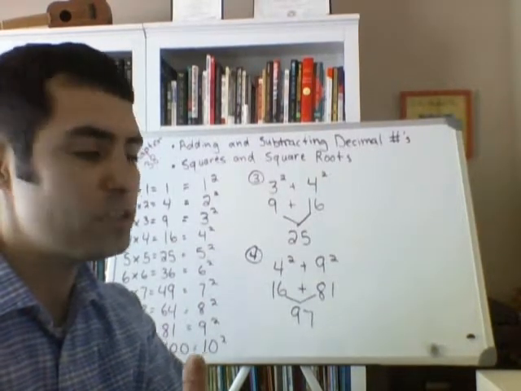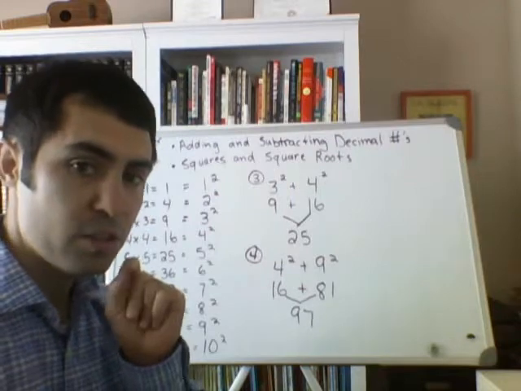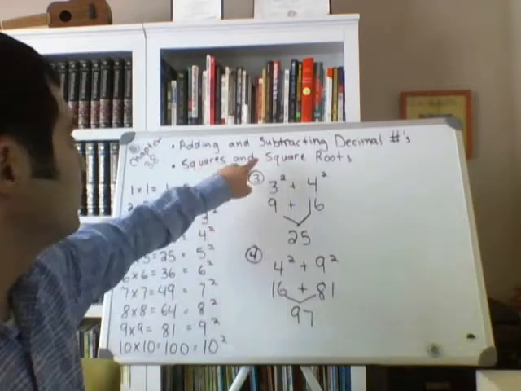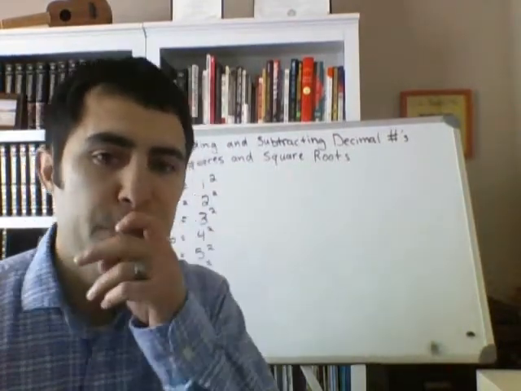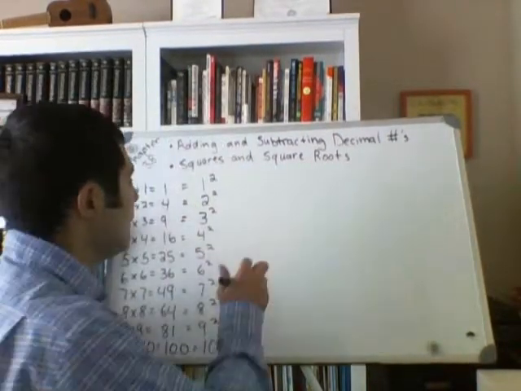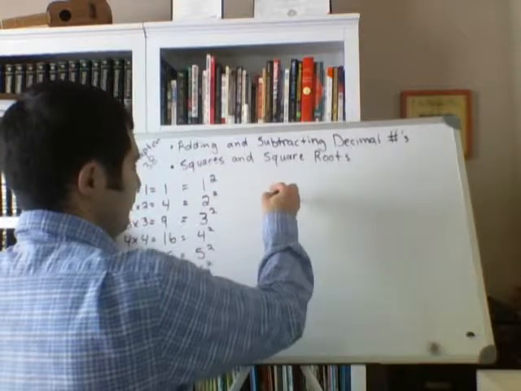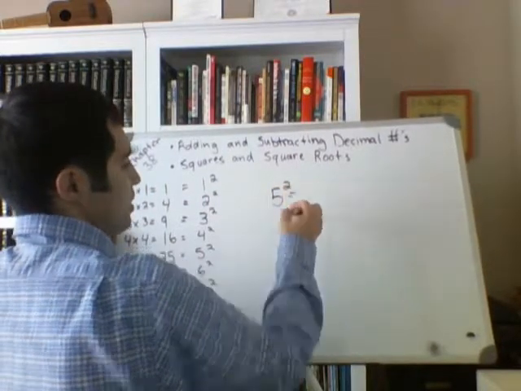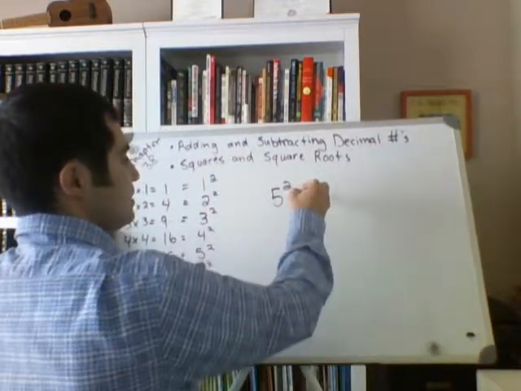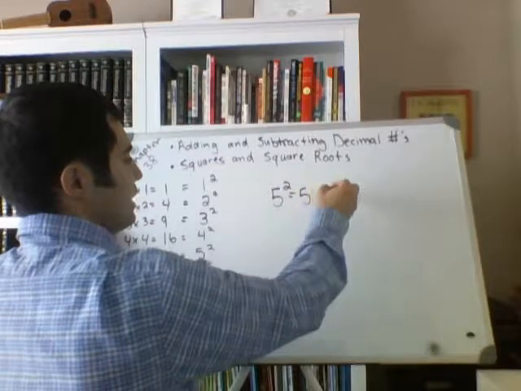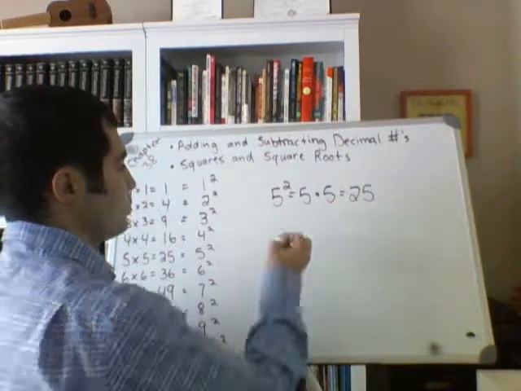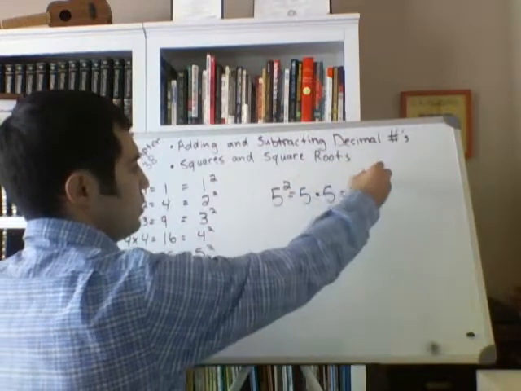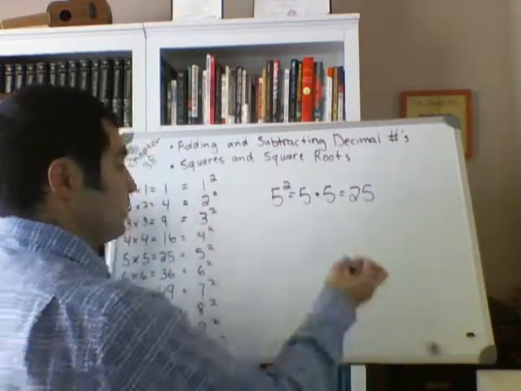So let's move on to square roots. Squares are different than square roots. So let's talk about square roots. So if you take 5 squared, the answer is the same as the answer for 5 times 5. Your answer will be 25. Okay? So we started with our square and we ended up with the answer. Okay? Now let's go backwards.